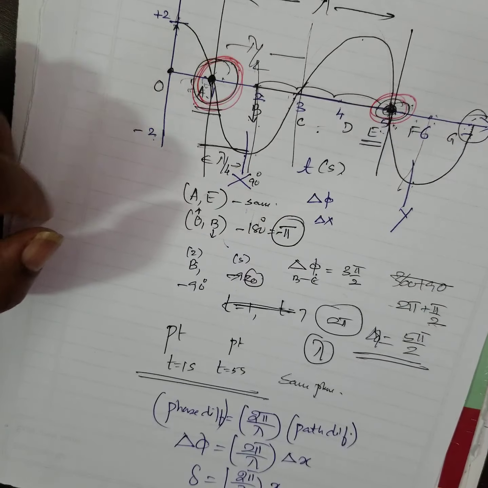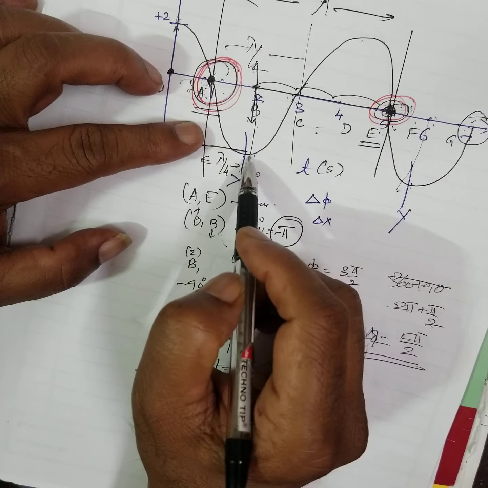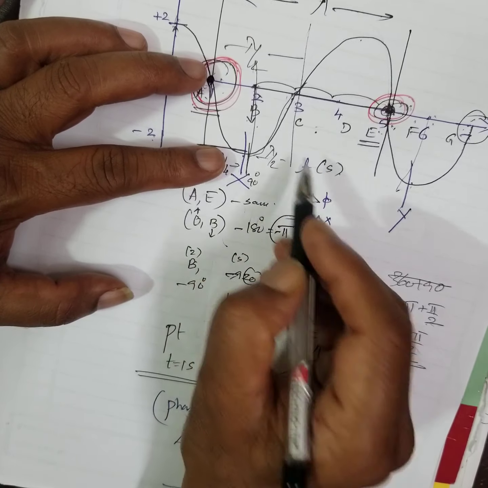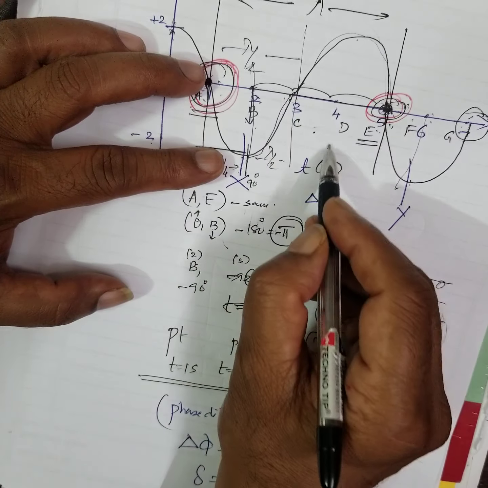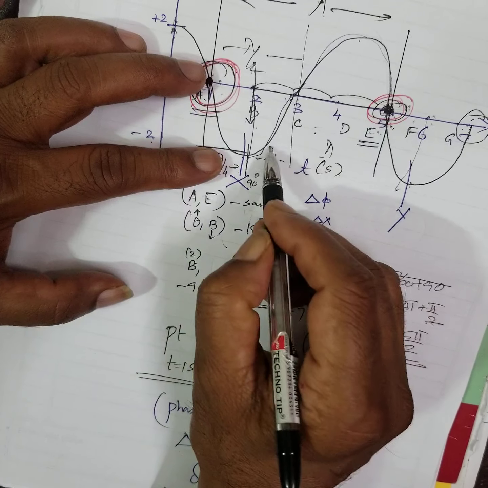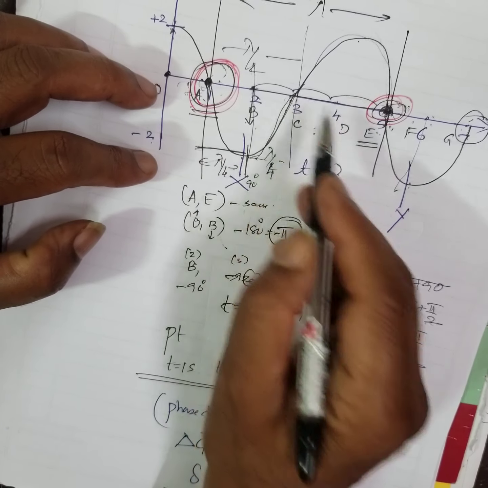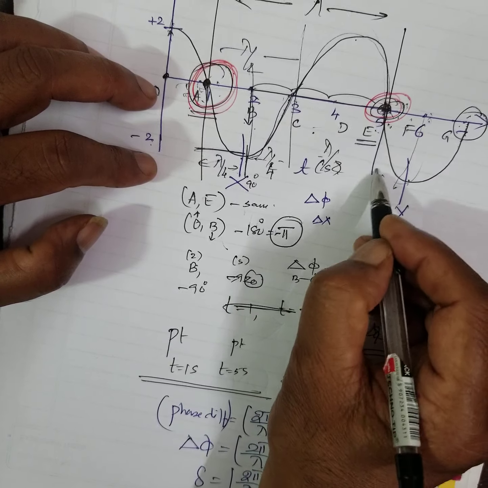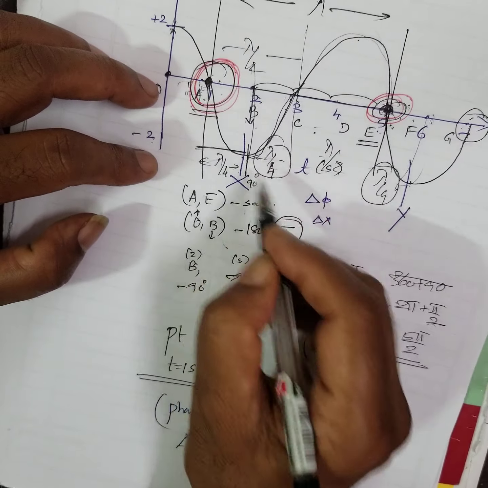Then what about the path difference? If they ask you the path difference, from here to here, lambda by 2. From here, see, this is lambda by 4. From here to here, lambda by 4.